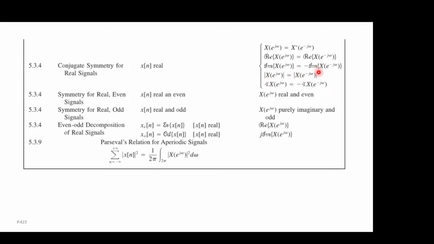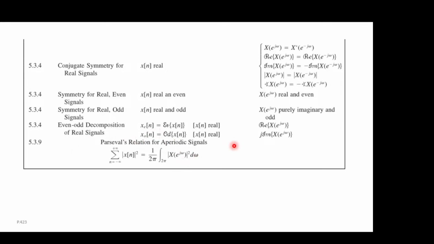Also, the amplitude should be even and the angle should be odd. Then you can combine real even and real odd as usual, and it tells you big X is real even or imaginary odd, etc.